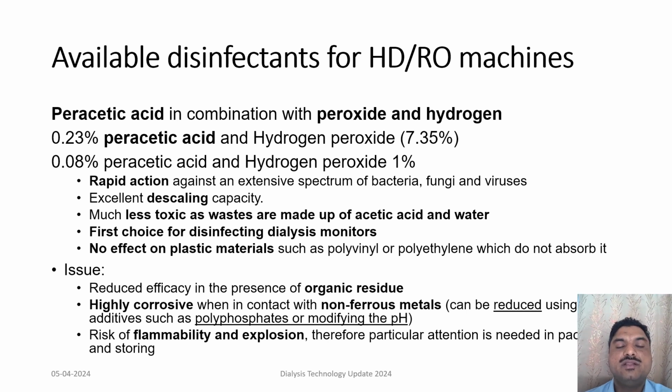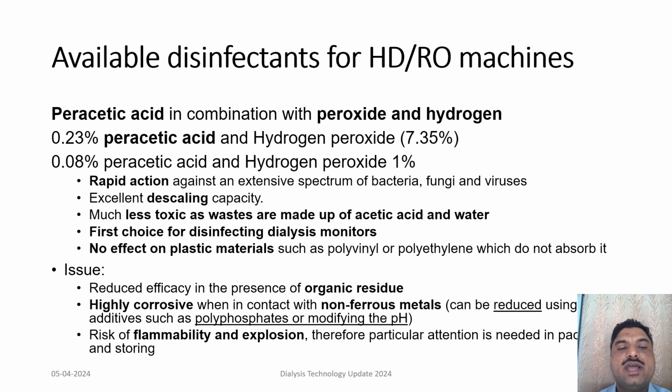The third disinfectant that is available to us is peracetic acid. It is usually used in combination with hydrogen peroxide. The concentrations usually available are 0.23% peracetic acid along with hydrogen peroxide of 7.35%, or 0.08% peracetic acid with 1% hydrogen peroxide.